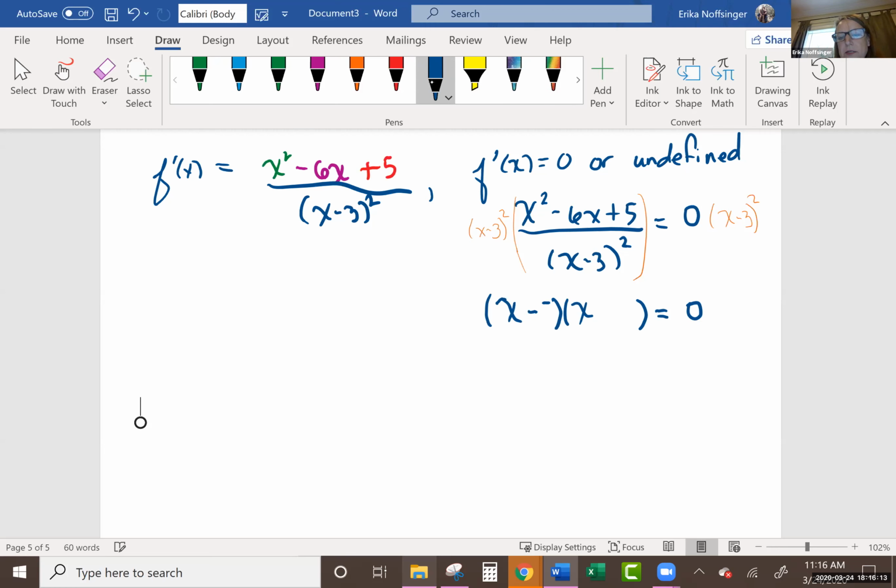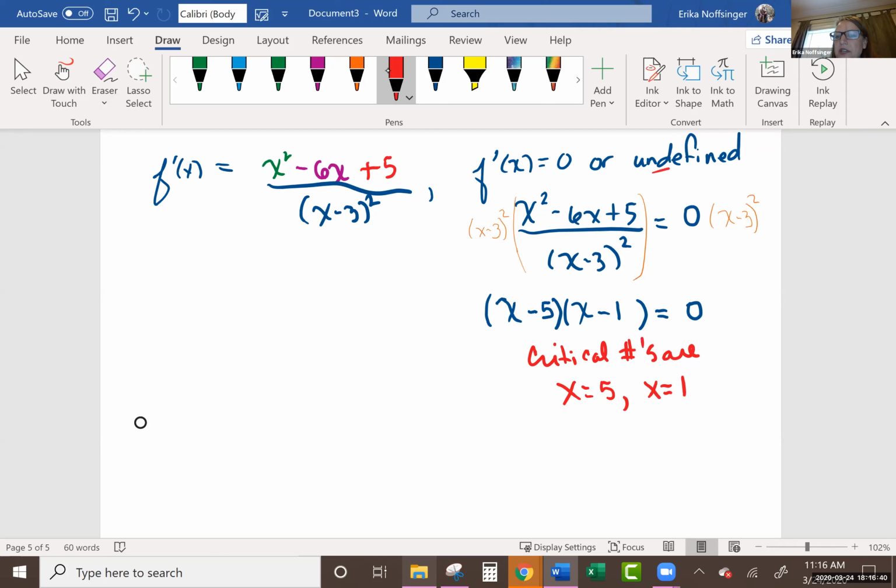So our factors will be x minus 5 times the quantity x minus 1. So I can see right away my critical numbers. Well, it's when x minus 5 equals 0, so it's when x is 5, and it's when x minus 1 is equal to 0, so it's when x equals 1.